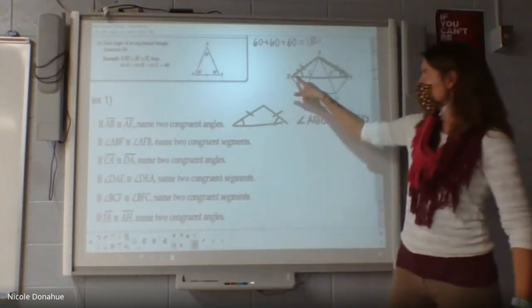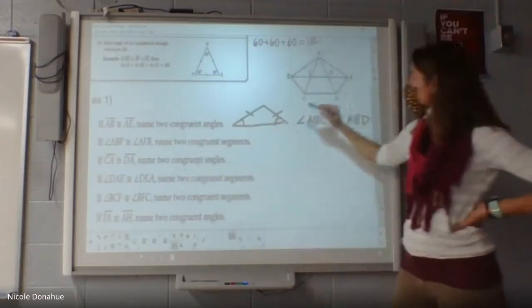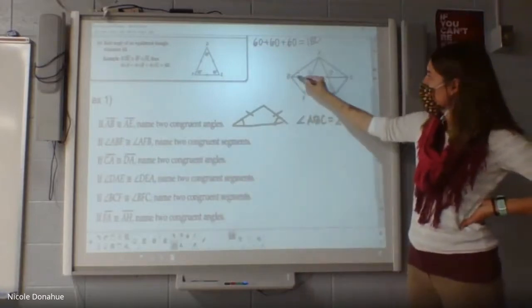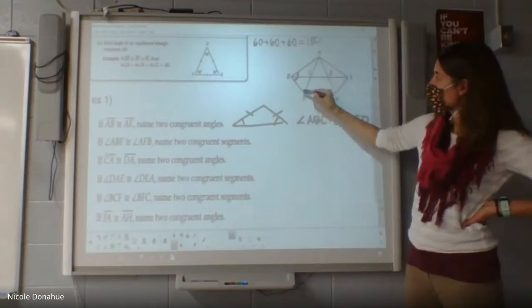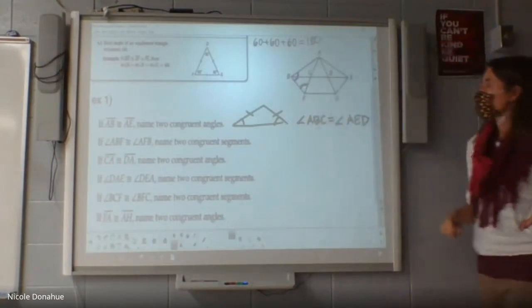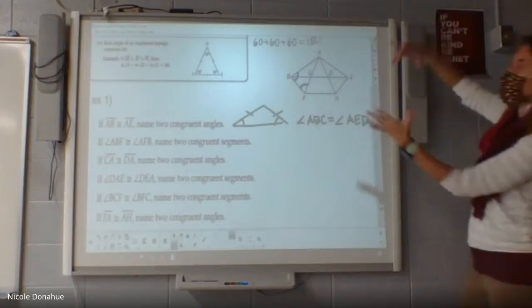Again, I'm going to erase. I apologize. I just marked what they told us are the angles. So you can see the triangle we're talking about. It looks like it's on the side of this prism here.